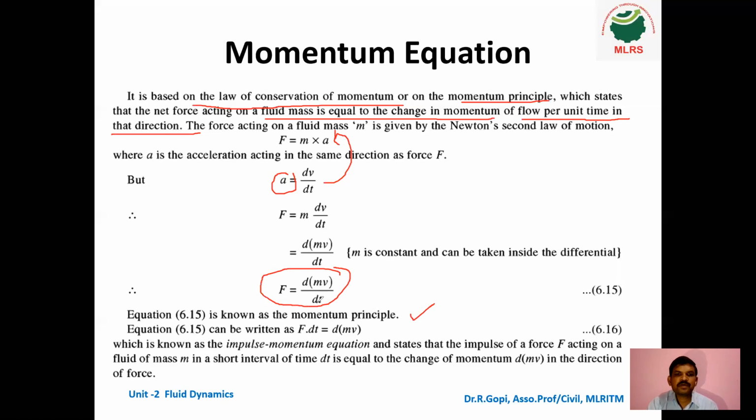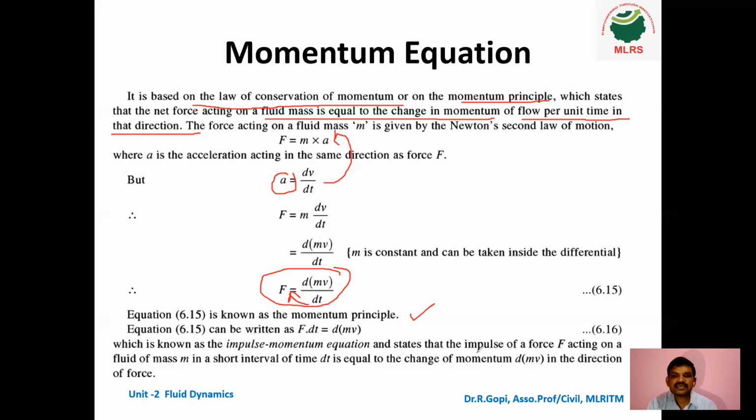So again I am simplifying this equation. So dt goes to this side. Now tell me, what is the equation? So this equation can be written as F into dt equal to d into mv, which is known as the impulse momentum equation.